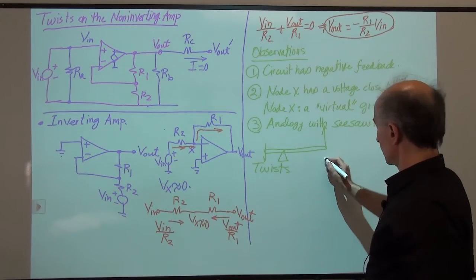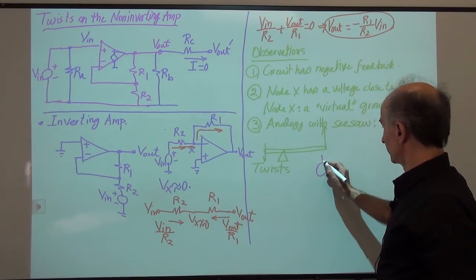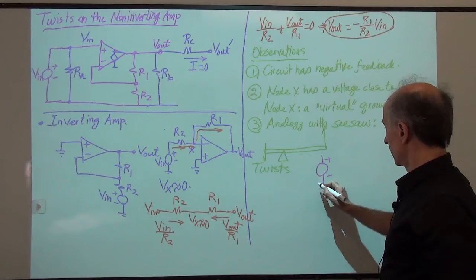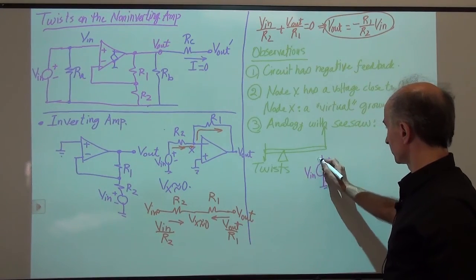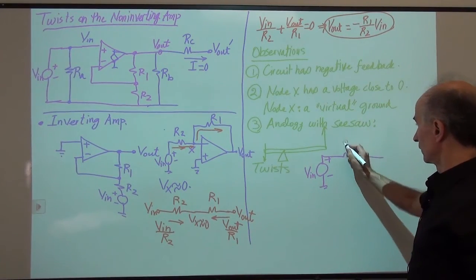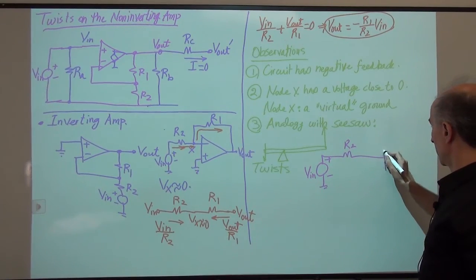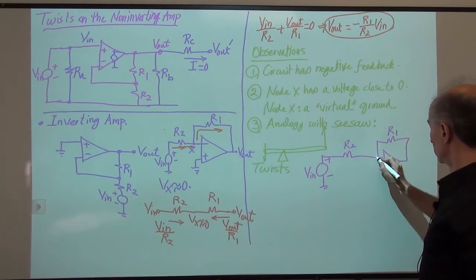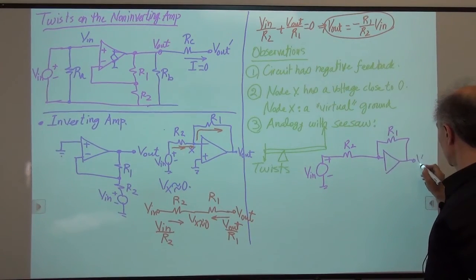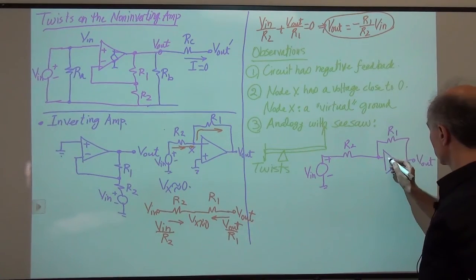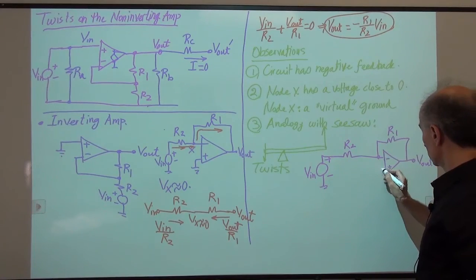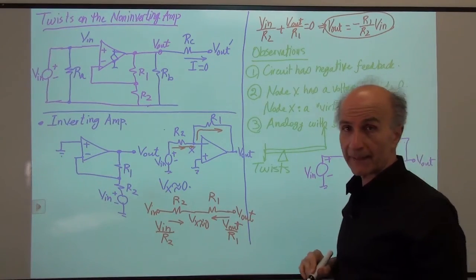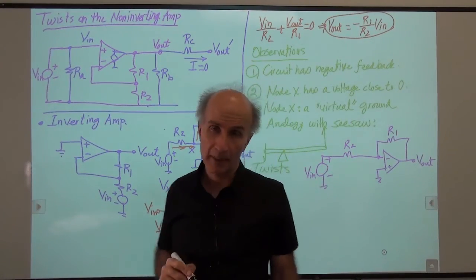So here I'm going to draw the circuit again. So here's our input V in going to R2, then going to R1, and this is the output, V out. Okay, that's our basic inverting amplifier.